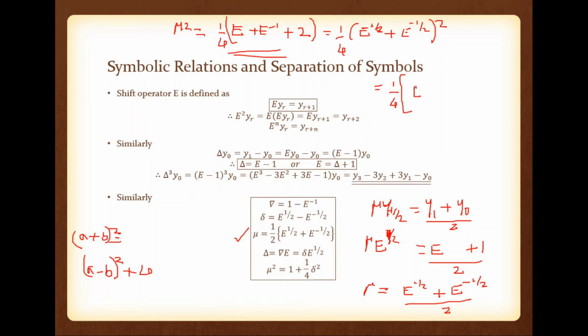Minus, what is b? b is e raised to minus 1 by 2. So a minus b all square. Now what we have? Here we have plus 4.